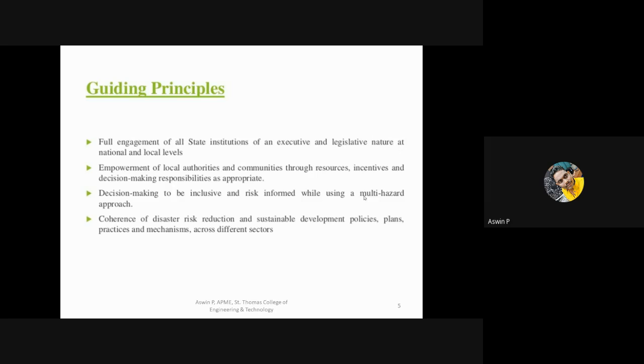We need to give responsibility to the local authorities. How can we give that? By empowering them. We need to give resources, we need to give incentives, and we need to give decision making capability, that is, responsibilities, to the local people or local authority to work in a disaster situation.